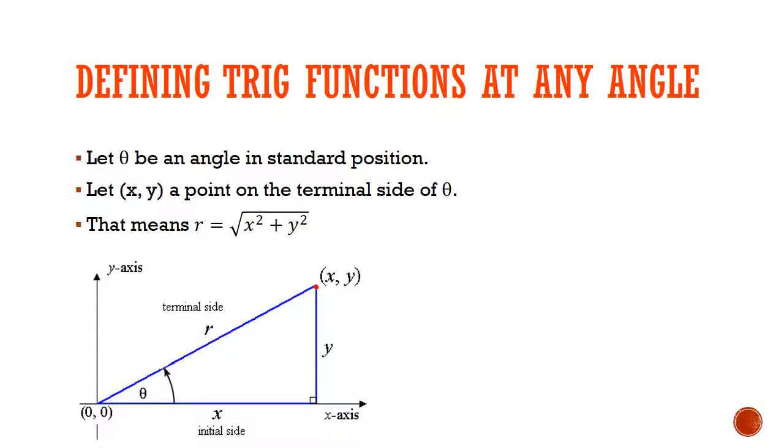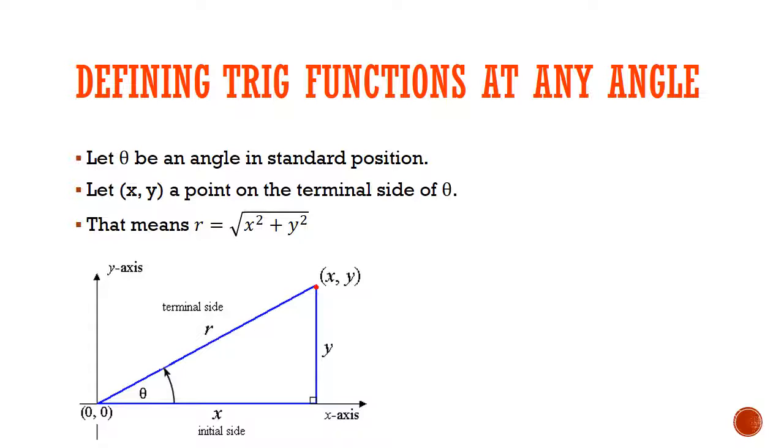And what we're going to do is drop a vertical line from (x, y) to the x-axis, and that's going to form the third side of our triangle. The initial and terminal side of the angle form the other two sides. Notice the height of our triangle is y, and the base of our triangle is x. So our initial side, the base, is x, the height is y, and the hypotenuse is r.